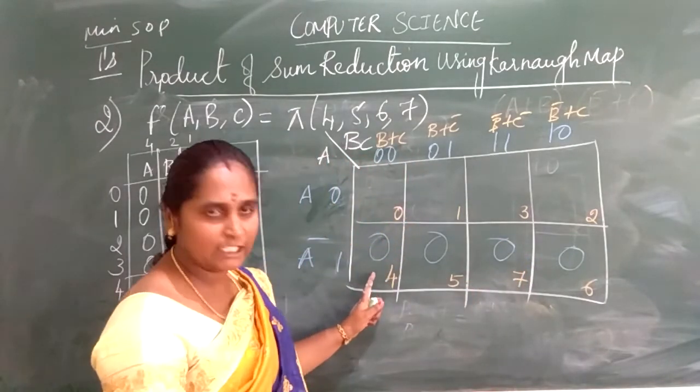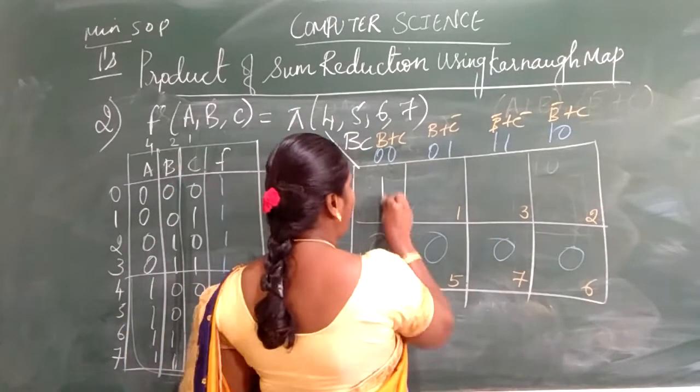These have the output as zeros. The remaining places you fill with 1.